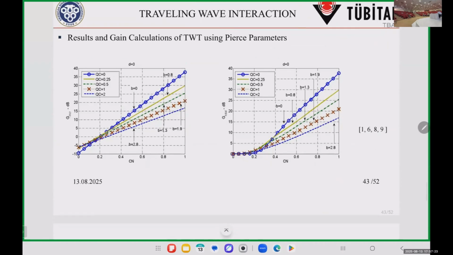This can be plotted for different space charge parameters and different synchronization parameters. If you look at this, when Cn equals 0, we have initial loss here. After Cn increases, then we can say gain increases here.